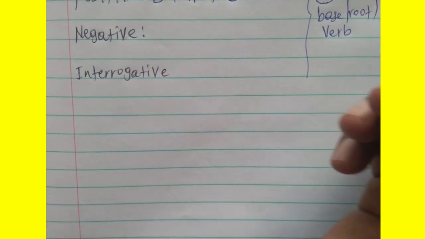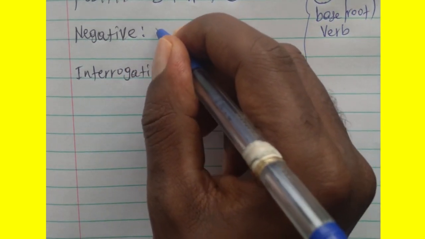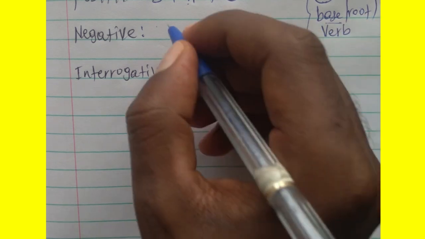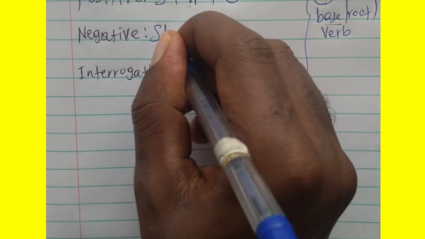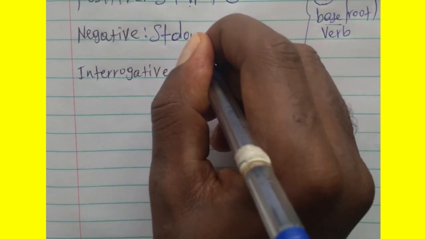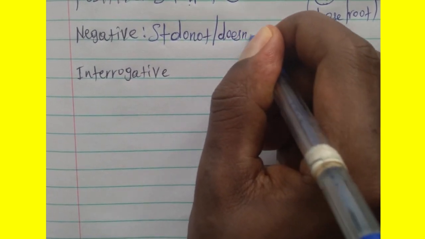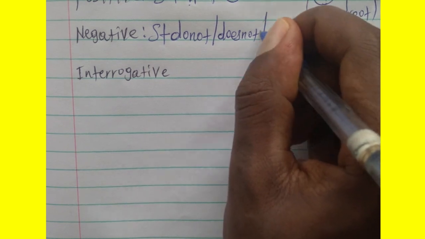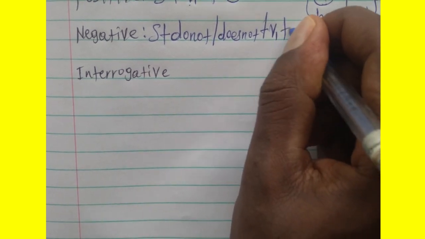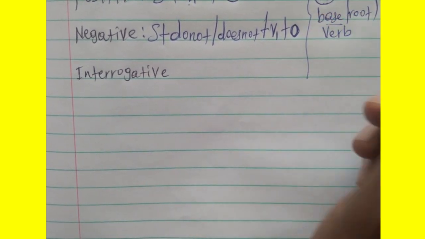And the negative form, when the verb 1 is base verb, is subject plus do not or does not plus verb 1 plus object.